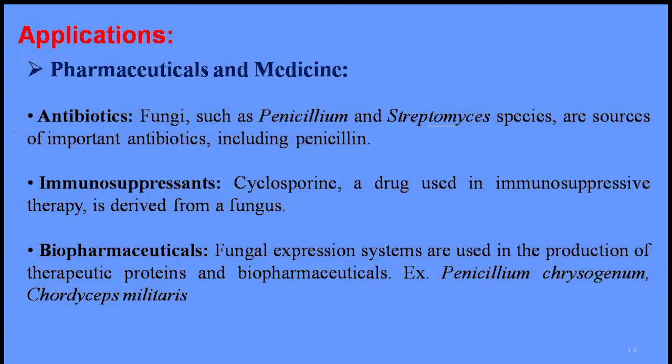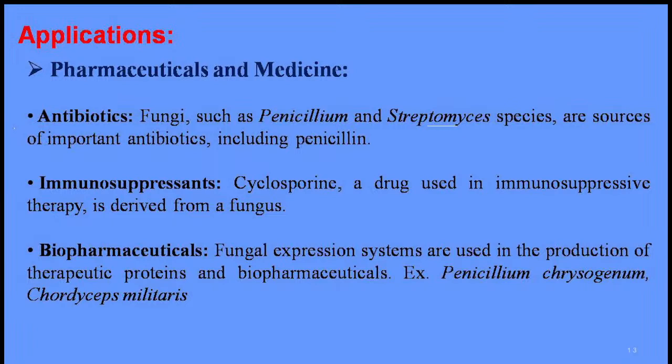Then biopharmaceuticals. In case of biopharmaceutical industries, we can use these fungi. So the examples are Penicillium chrysogenum, then Cordyceps militaris. These are the examples which are used in pharmaceutical and medicine industries.